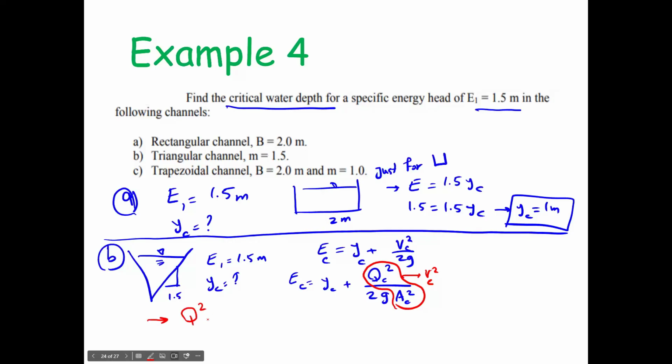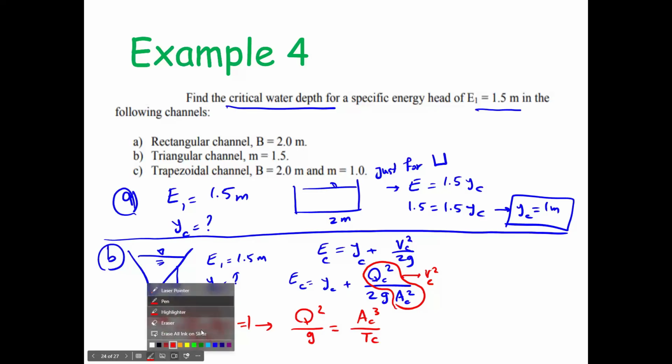Do you remember Q square T over G A power to 3 is going to be equal to 1? Or I can say Q square over G will be equal to A power to 3 over TC.